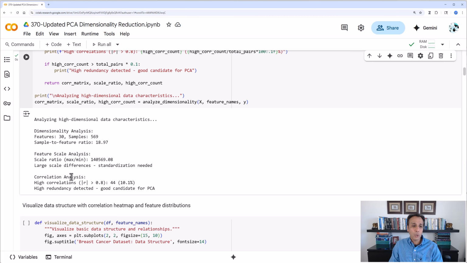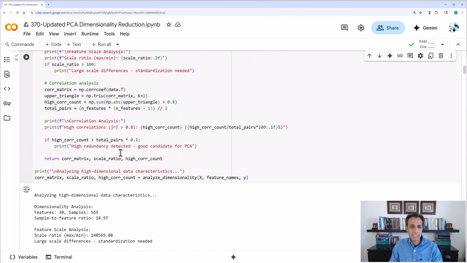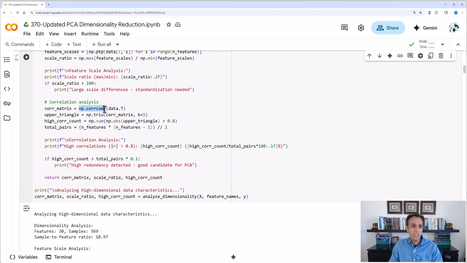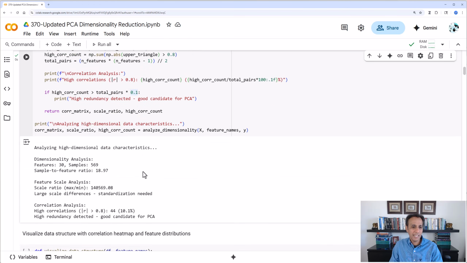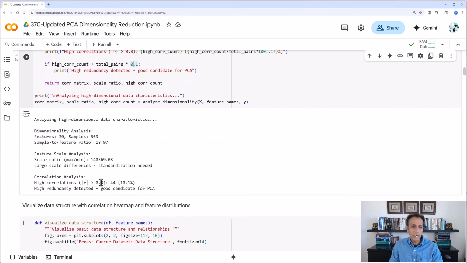And also correlation, you will see .corr at some point. Yeah, right there, np.corrcoef. So all I'm saying is, go ahead and look at correlation. By the way, watch our previous videos. This is basically a Pearson correlation coefficient of 0.8. We know that's very high.